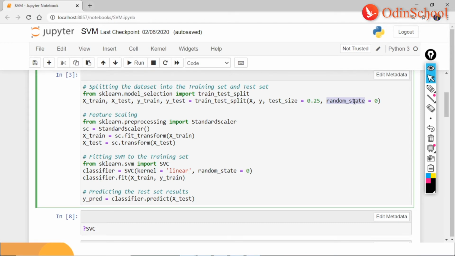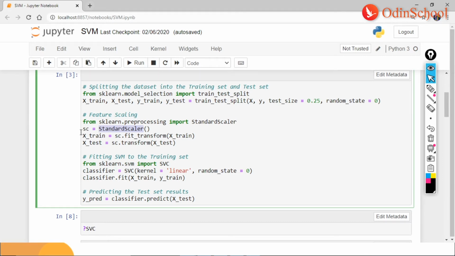And then the next step is feature scaling, and here I'm using my standard scaler. And guys, I hope you all know what feature scaling is used for, or where and when we use this, because this is something that we have already covered in our previous classes, right?